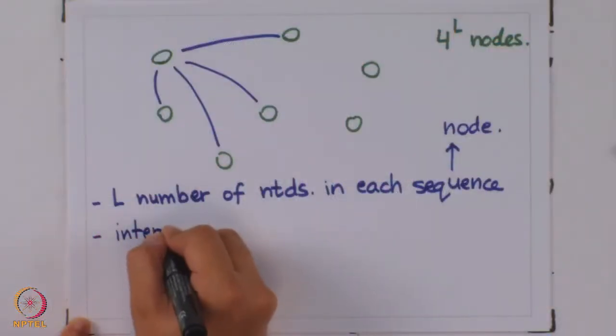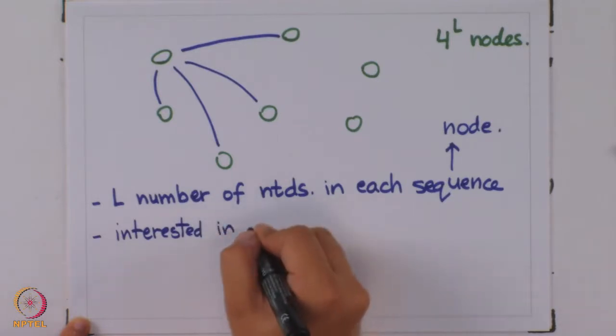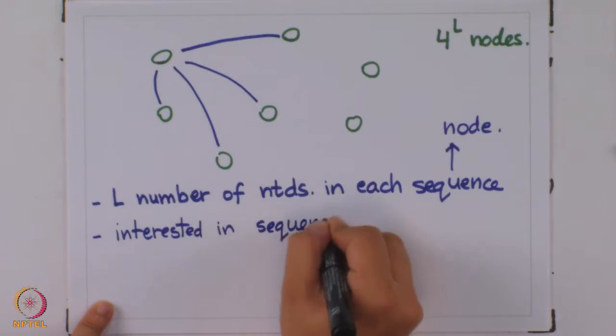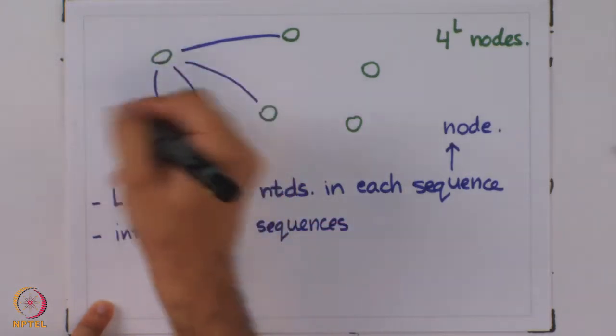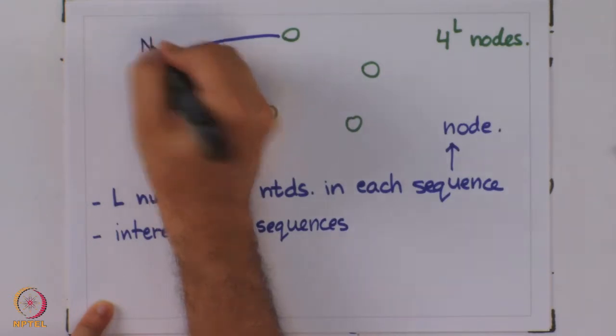So, if that is the case, that one difference, so we are interested in sequences. Let us give the node that we are interested in some name. So, this is node N.